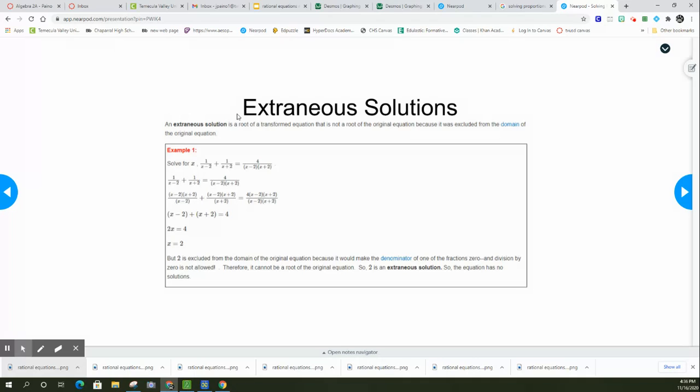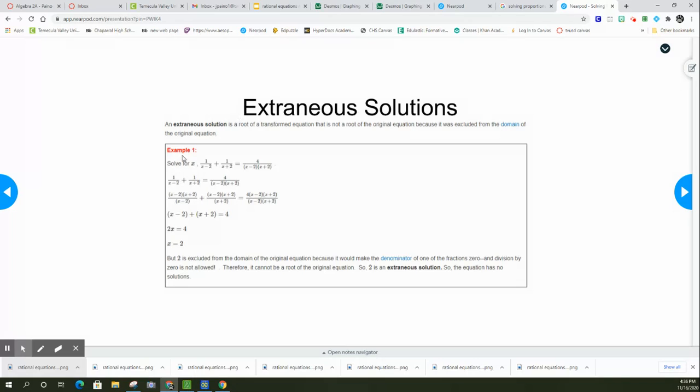If the value is not part of the domain, it cannot be a solution. What happens when we're doing algebra is things will cancel out, like the x plus 3's canceled out in that last problem, and then we're able to get other answers. So we need to always check our solutions with the original one.